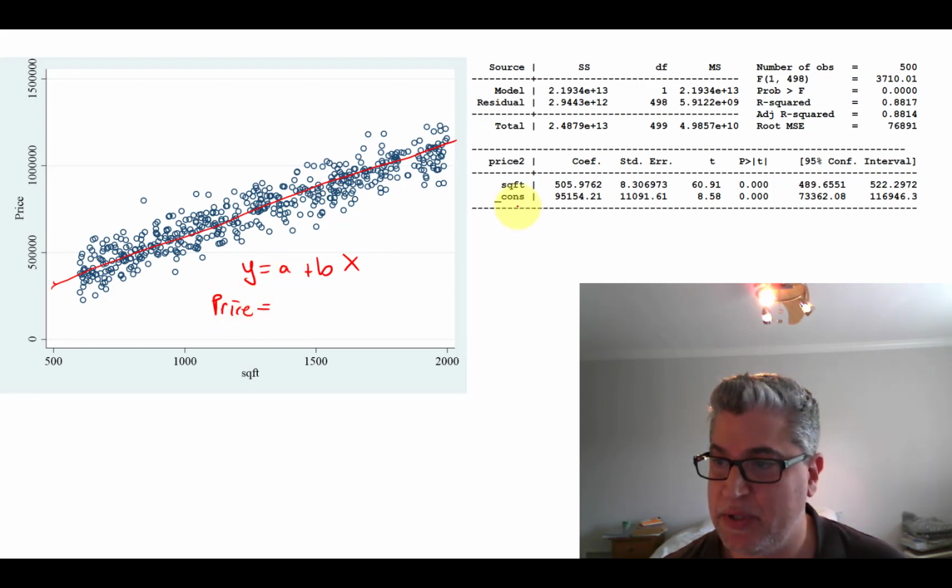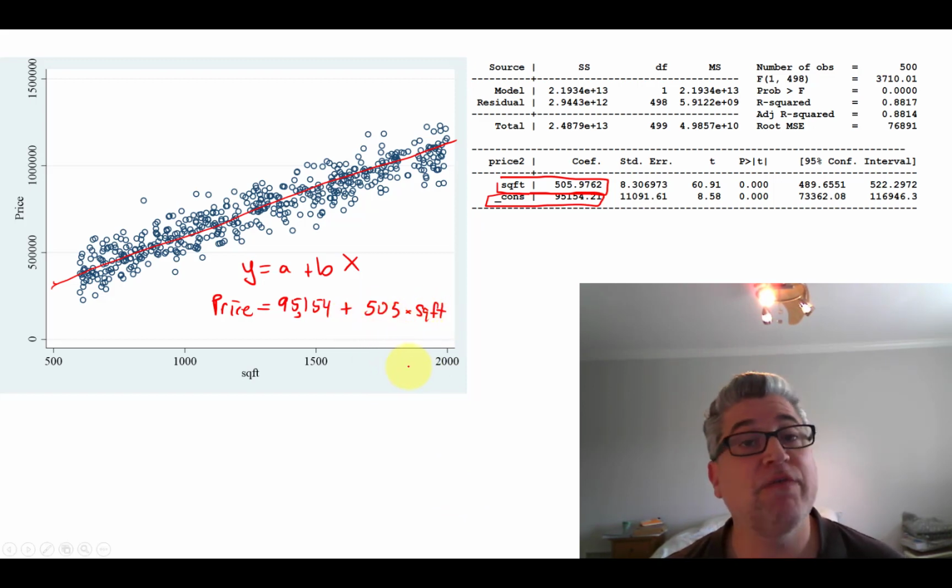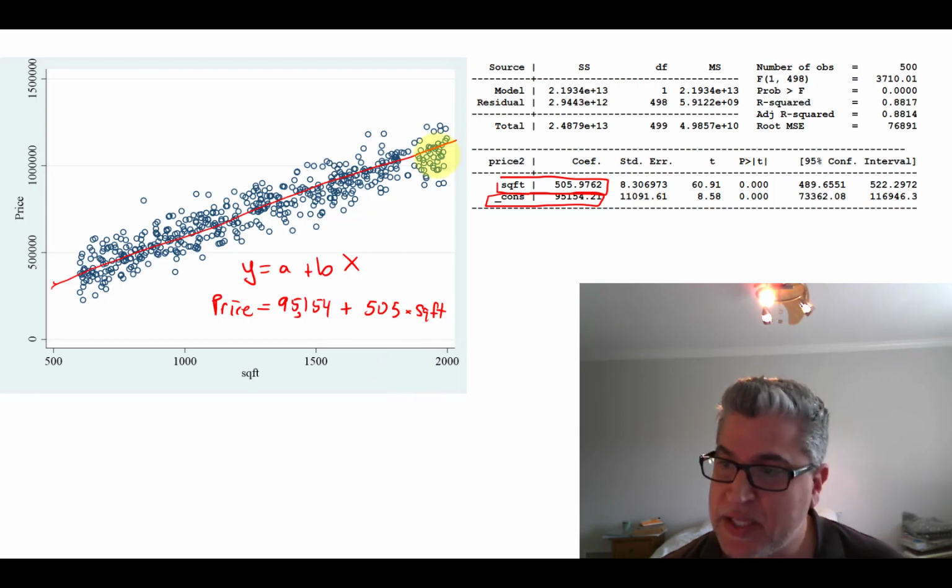We had some intercept, that's this right here, about $100,000, plus something times our x variable, which was square feet. So that something is 505. So every square foot of house increases the price by about $500. So $500 per square foot. That's the regression that we just estimated.